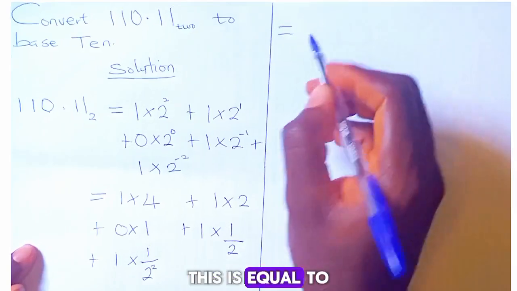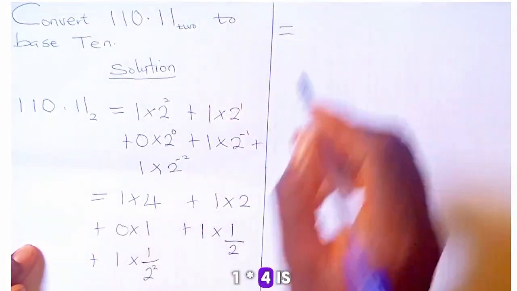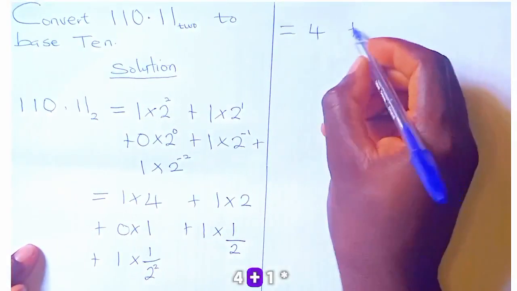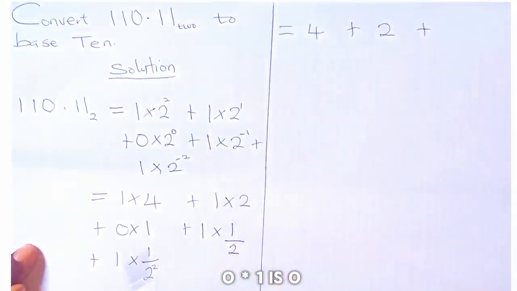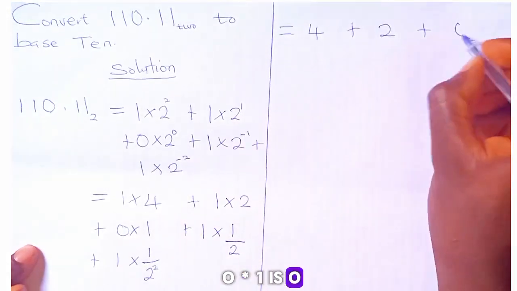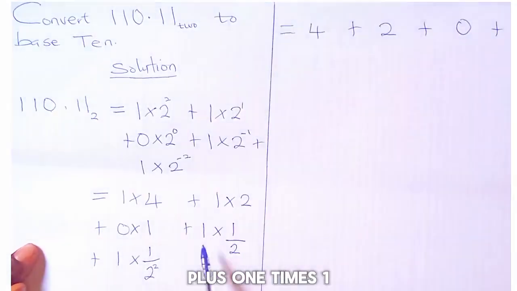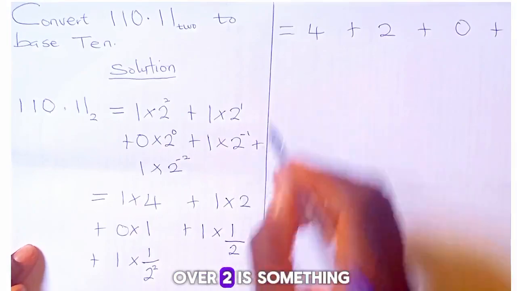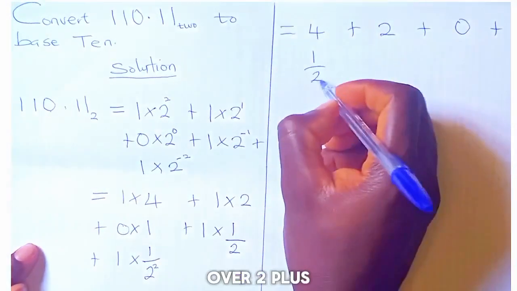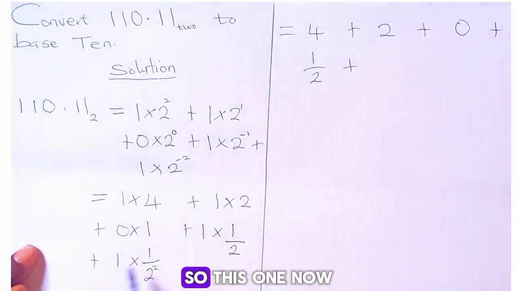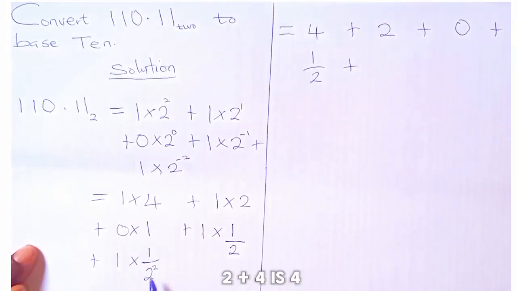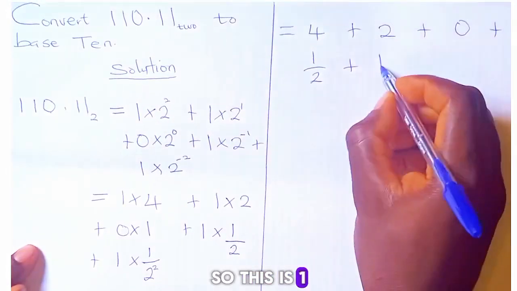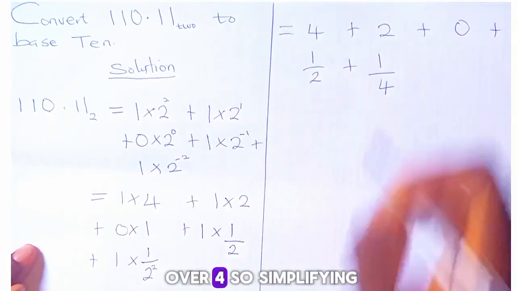Okay, so this is equal to 1 times 4 is 4 plus 1 times 2 is 2 plus 0 times 1 is 0 plus 1 times 1 over 2 is 1 over 2 plus, so this one now is 1 times 1, which is 1, and 2 raised to power 2 is 4. So this is 1 over 4.